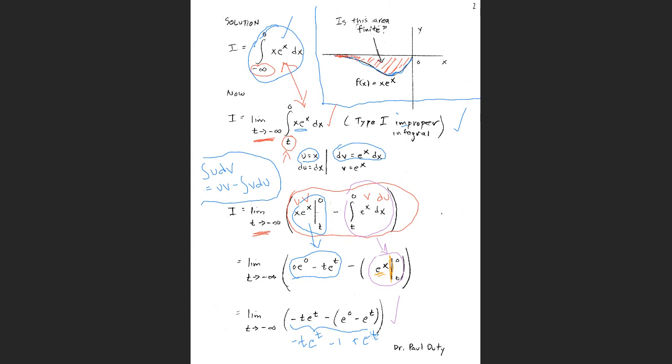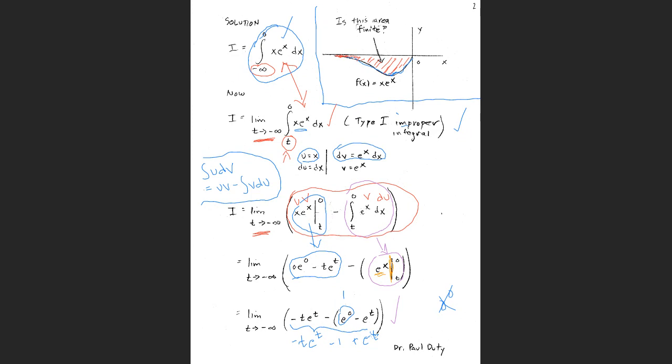I mean, well, e to the 0 is equal to 1, yes. Of course, 0 to the 0 is not defined, but that's right. Okay. All right. Well, then let's proceed on. Now we have a limit problem to do.